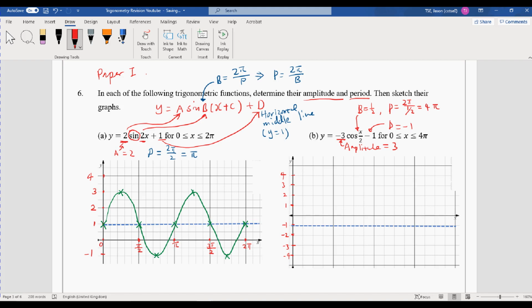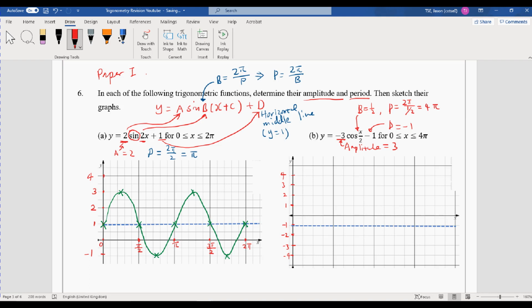The next thing is we know that the amplitude is 3. And so what kind of graph is it? It looks like a cosine graph, but actually it's more like minus cosine because there's a minus sign in front of it. So you need to remember this is a minus cosine graph.